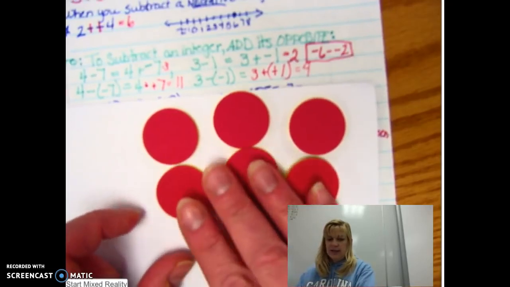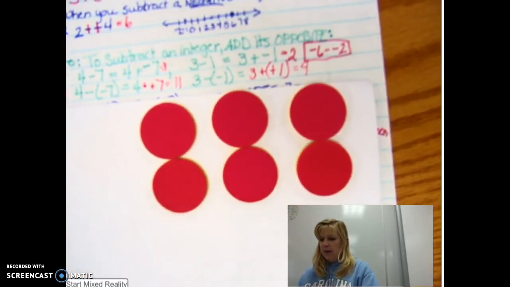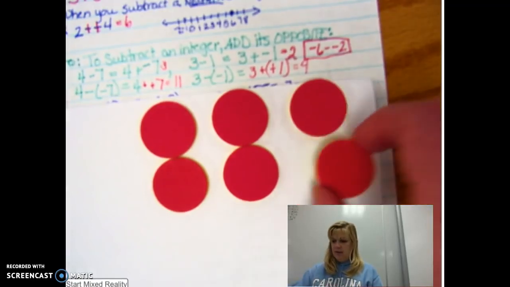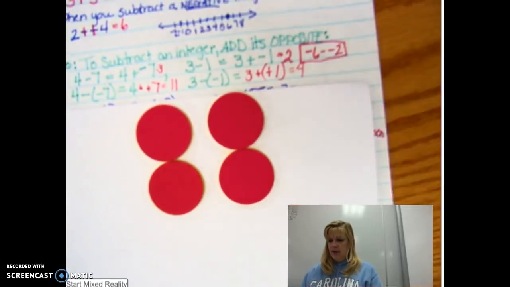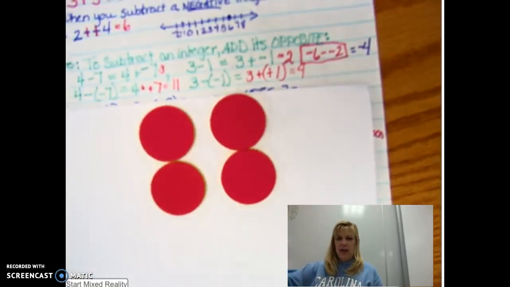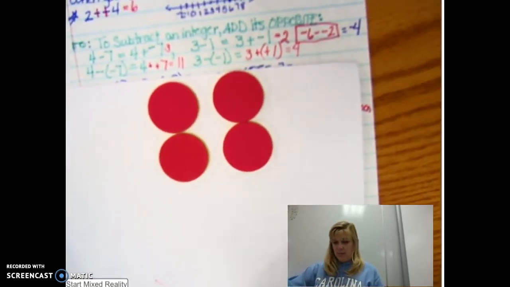So I have a negative 6. And now I'm going to take a negative 2 away. And look what I come up with. I come up with a negative 4. Do you see how that worked? And it actually went to the right, or towards the positive side.